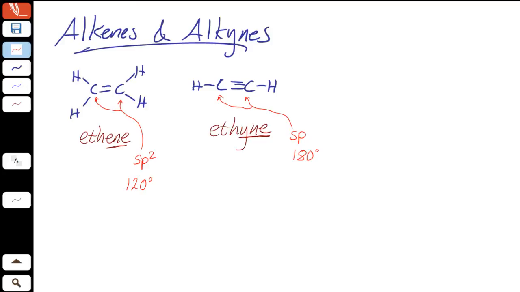So sp2 carbons, alkenes, are generally planar, meaning they are in the same plane, because if you have 120-degree bond angles, you don't get this kind of zigzagging pattern. You actually get a flat, tile-like pattern, flat hexagon.